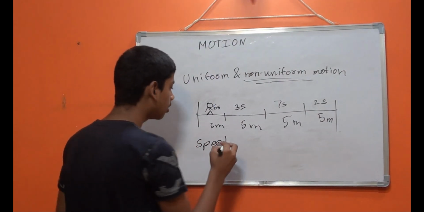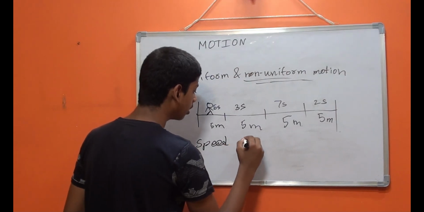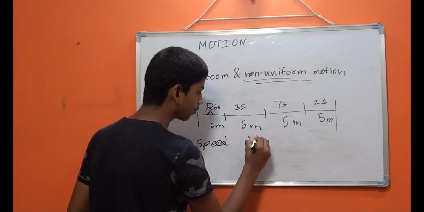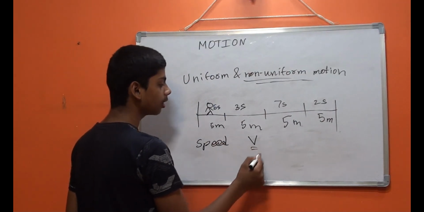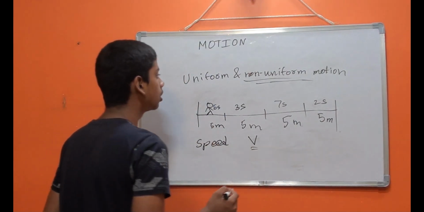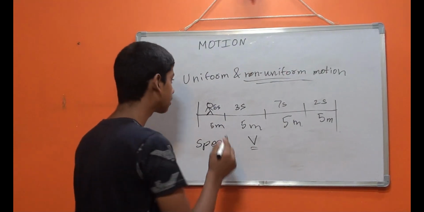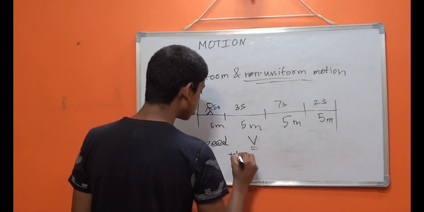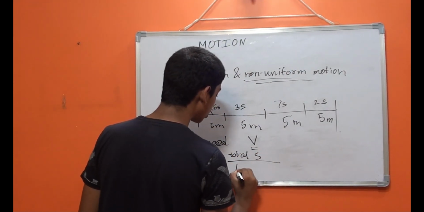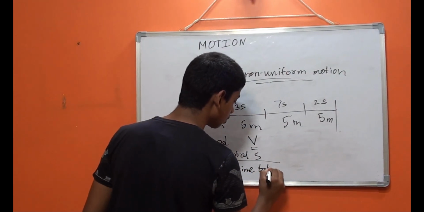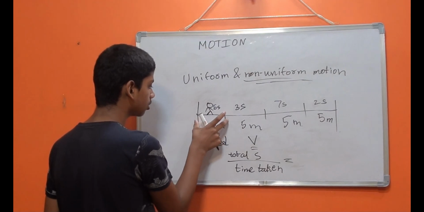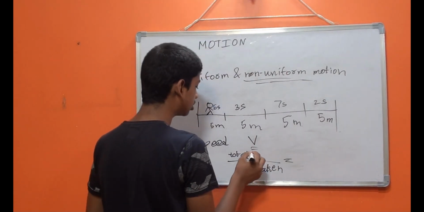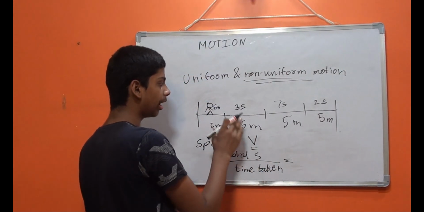Now speed is denoted by V. The speed formula is total distance divided by time taken. Let's take the first one. Now let's add all of this.